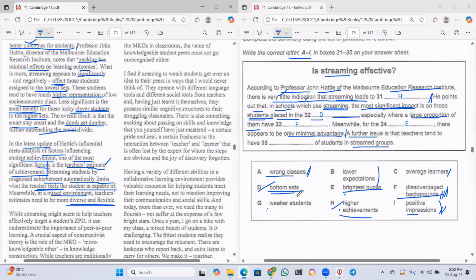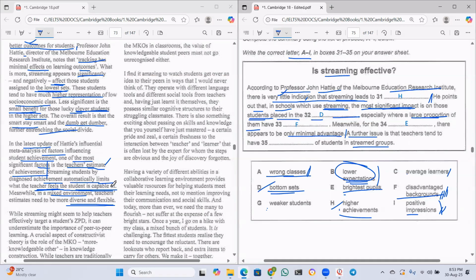So what are the options left now? We have lower expectations. So streaming students automatically limits what the teacher feels the student is capable of.